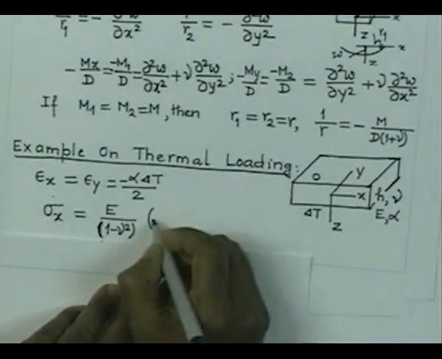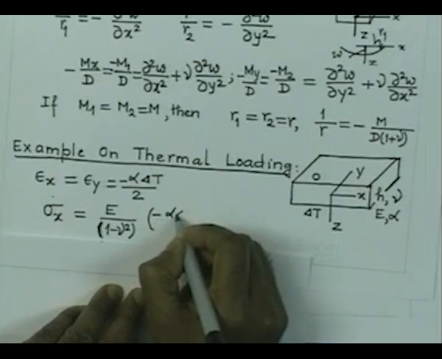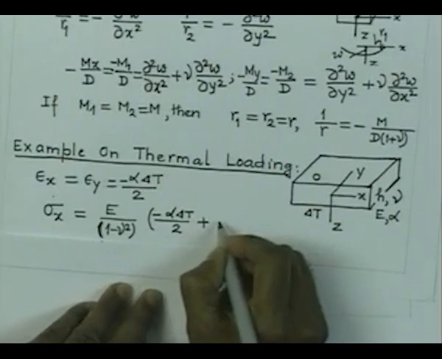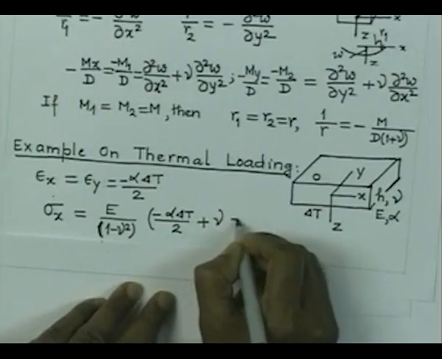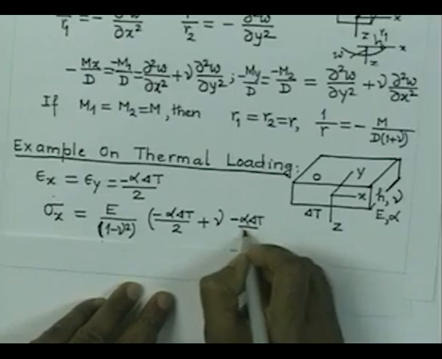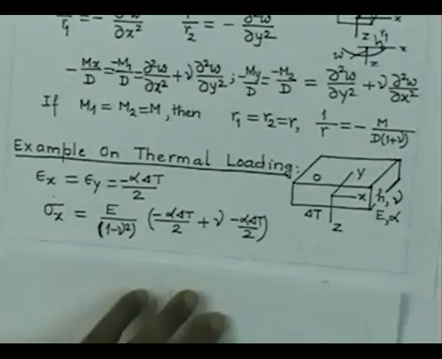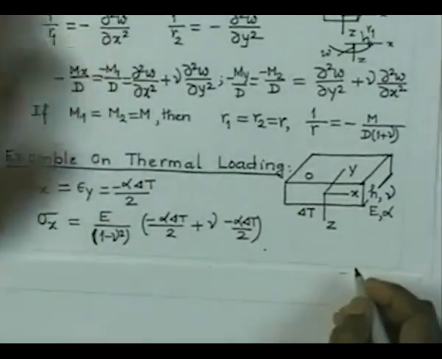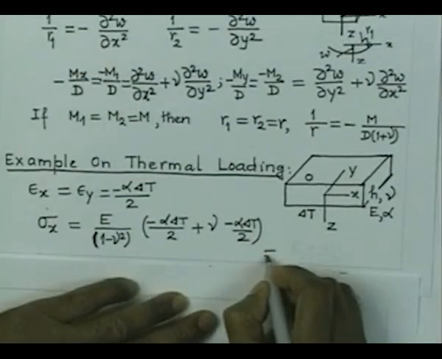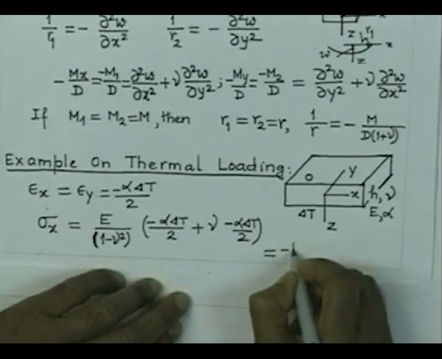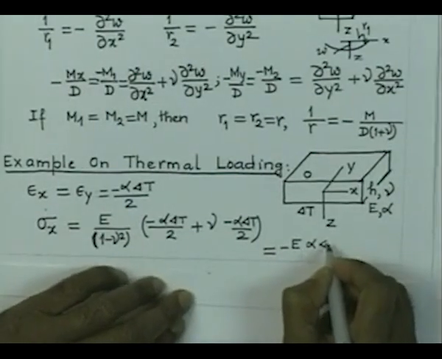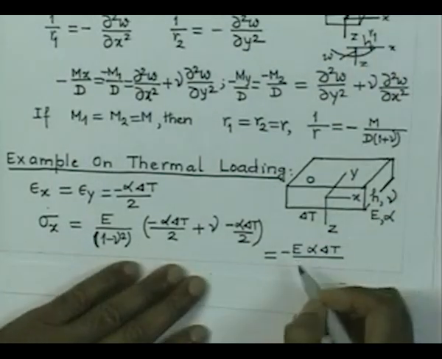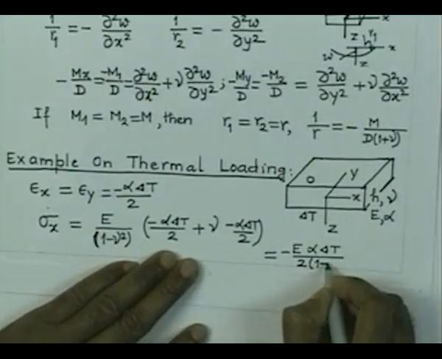So, it is minus alpha delta T by 2 plus nu times minus alpha delta T by 2, and therefore, what we find is that this is nothing but minus E alpha delta T by 2, this 1 plus nu will cancel and therefore, we will be left with 1 minus nu.